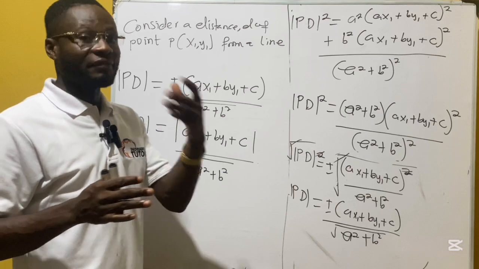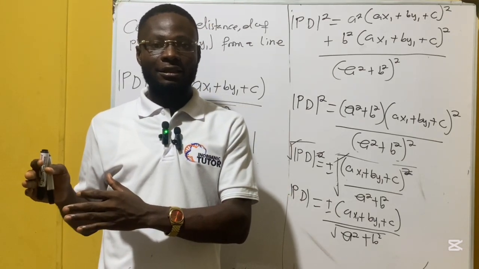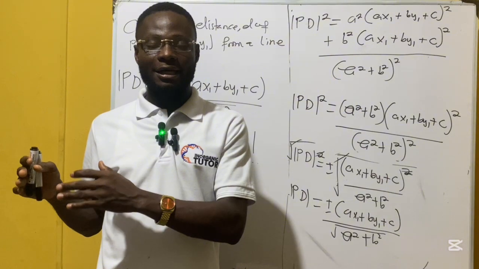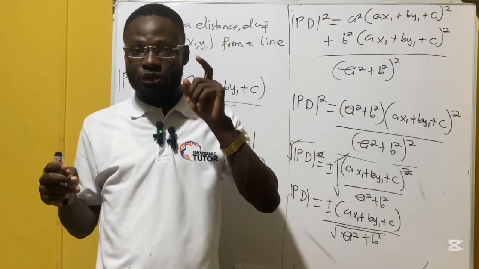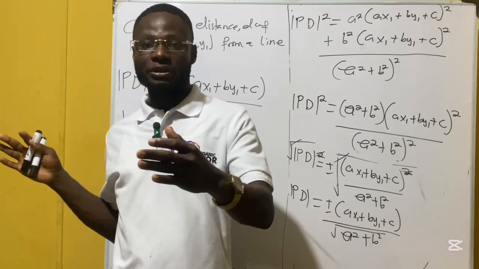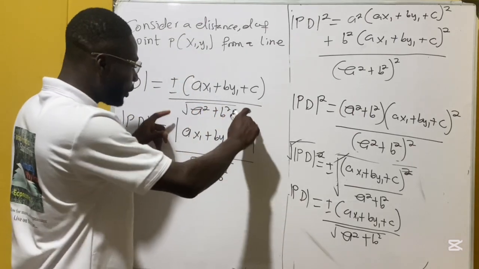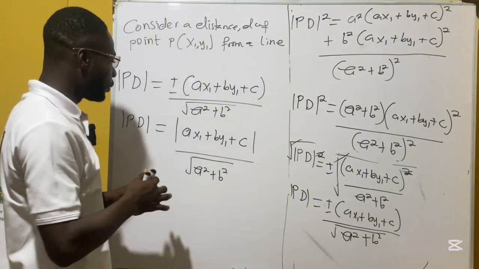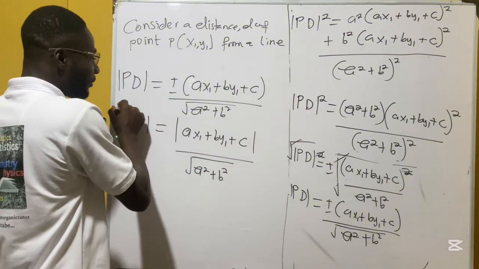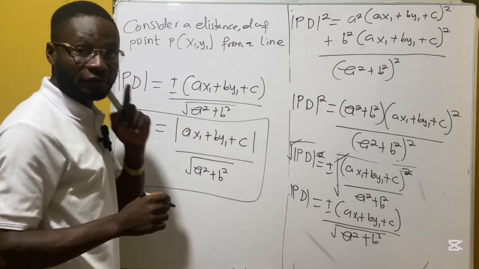If you have a negative, it's showing you direction, and you're not going to consider that. It's just showing that maybe it's moving from the opposite direction, but we don't consider the negatives. That is why we value the absolute sign. So this is the formula for distance of a point from a line.